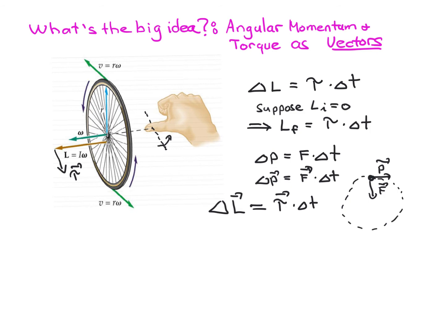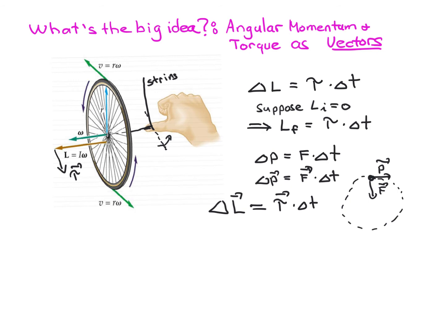Suppose we just imagine suspending this. Imagine there's a handle on this bike wheel and we just suspend the bike wheel from a string. Then gravity is going to exert a torque in exactly the direction that I've shown here. And we would expect to see a situation in which the direction of the angular momentum of the spinning bike wheel changes, but not the magnitude of the angular momentum.